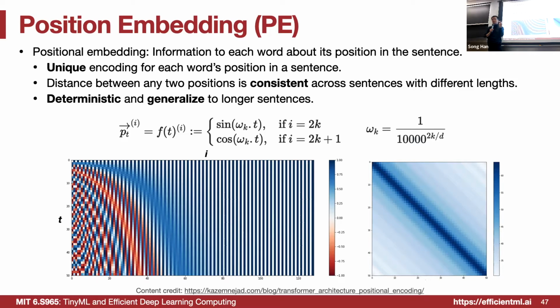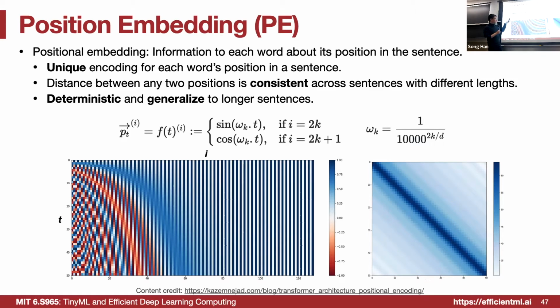And it should be deterministic, cannot be random, and should also generalize to short or long sentences. If the distance is the same, no matter how long the total distance is, we have to have the same relationship. So that makes us naturally think about the sine and cosine functions, since they are periodic.